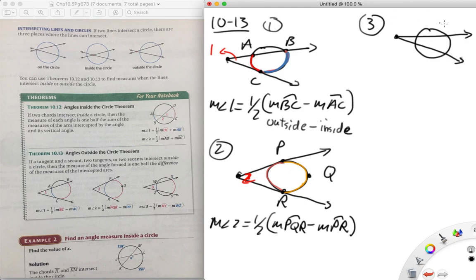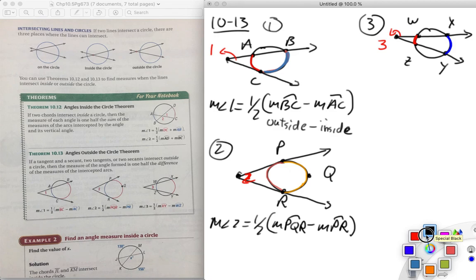We have a W, we have an X, we have a Y, we have a Z. We'll call this guy angle 3, and my inside arc here is WZ, and my outside arc is XY. Again, same equation.